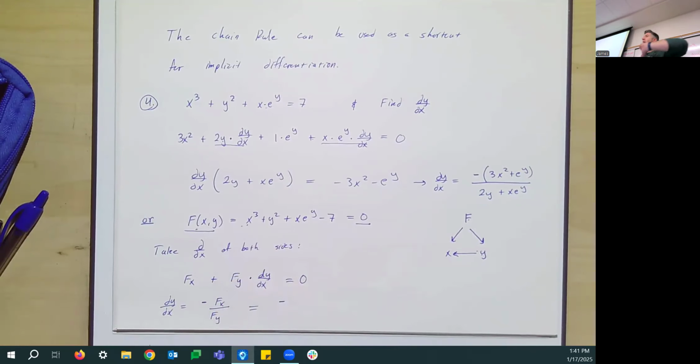So now we're back in the framework where we are thinking of x as its own thing, y as its own thing. So if we take the partial with respect to x, we're pretending like y is a constant.